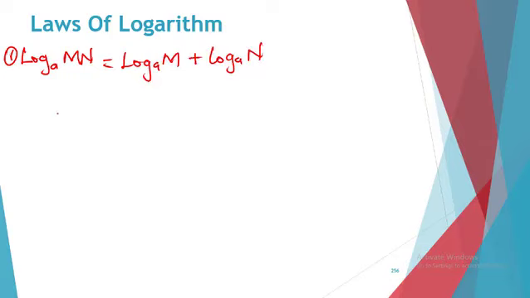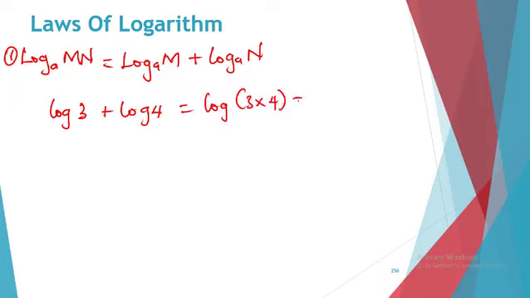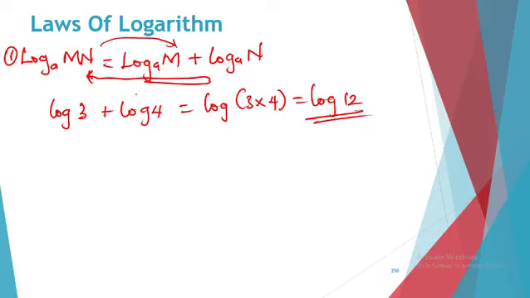That is to say, if we have, let's say, log 3 plus log 4, it is just the same thing as log 3 times 4, which is equal to log 12. You can rewrite this to this form, and you can rewrite this too to this form. So when we have log m base a plus log n base a, it's equal to log mn base a. mn here means multiplication.